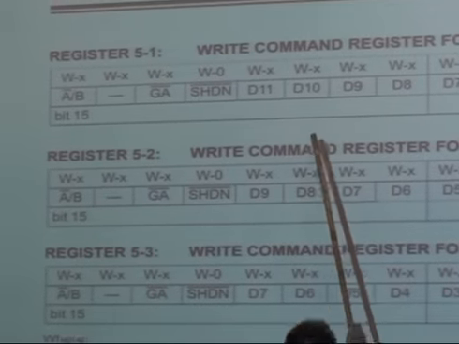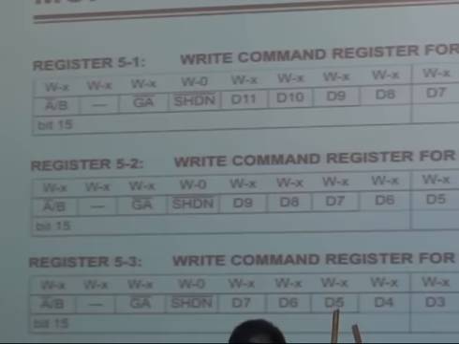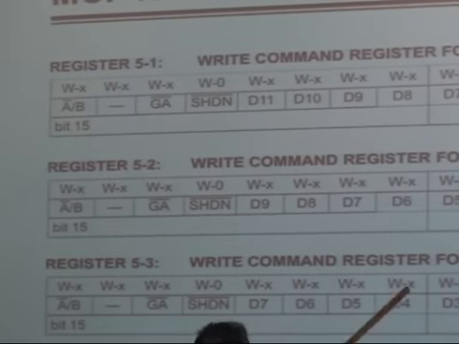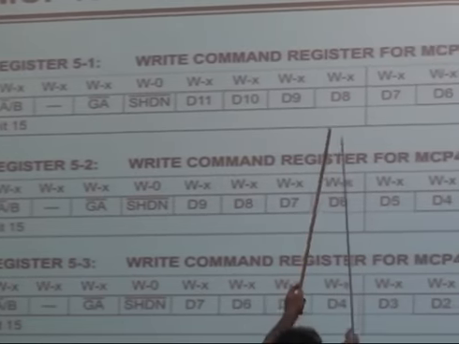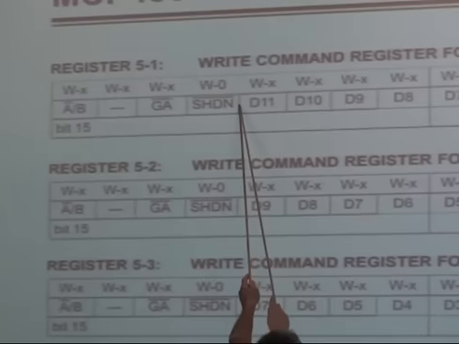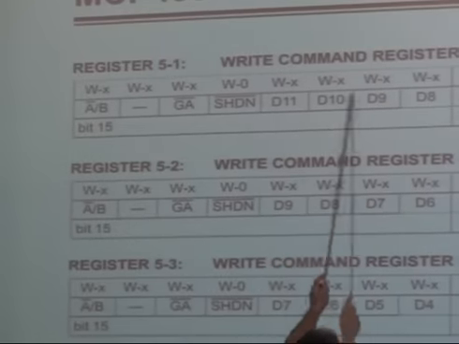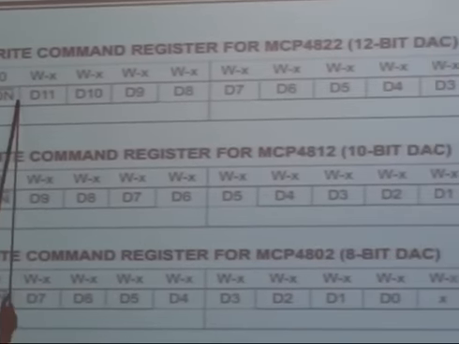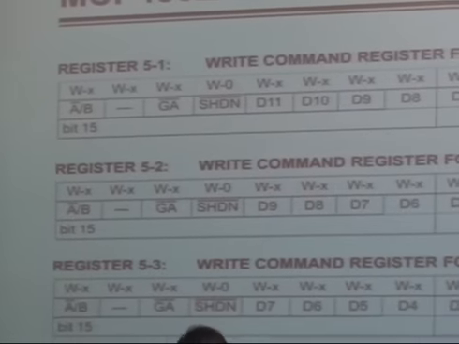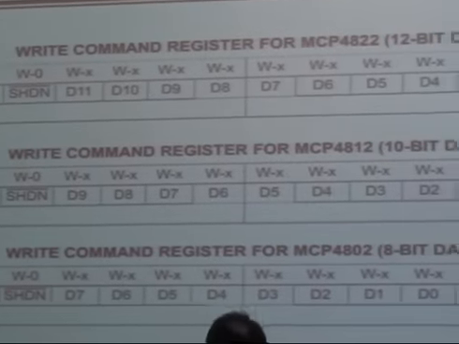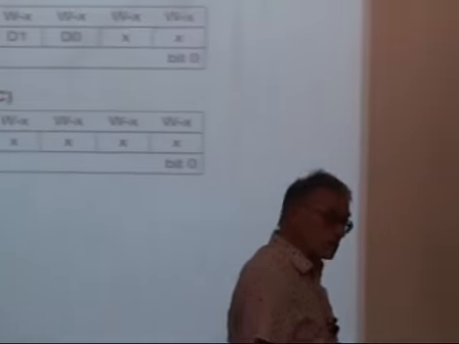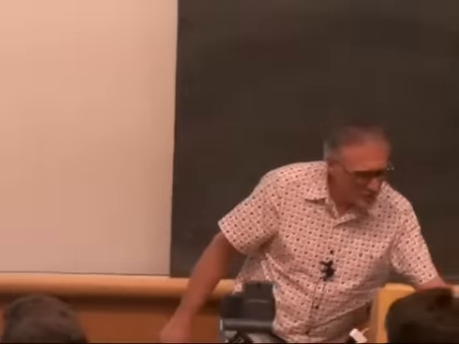For the 12-bit DAC, you give it 12 bits of data that will become the voltage, and then 4 bits of control word, which is easy. The first bit is channel 1 or channel 0, or channel 1 or channel 2.